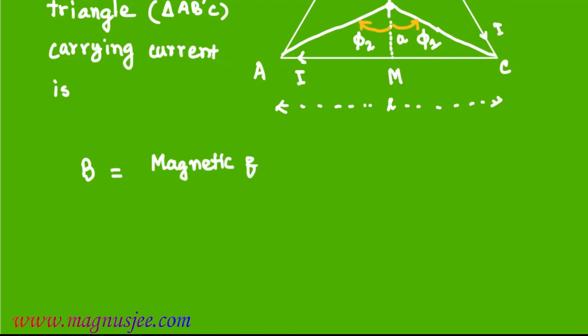magnetic field due to the arm AC plus magnetic field due to the arm AB prime plus magnetic field due to the arm B prime C at the centroid.